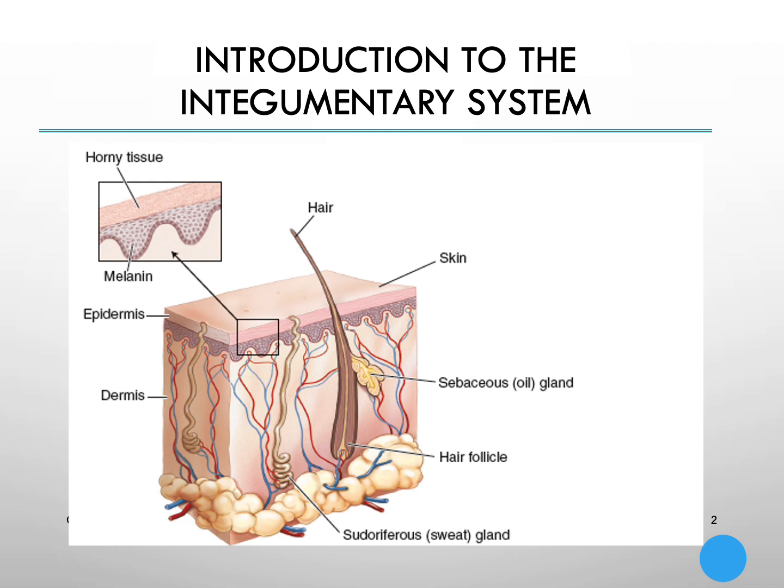You can also see the hair follicle and the hair that breaks through the epidermis. And there's also sweat glands and sebaceous glands and some various vasculature and nerves or sensory receptors that are located in the dermis.